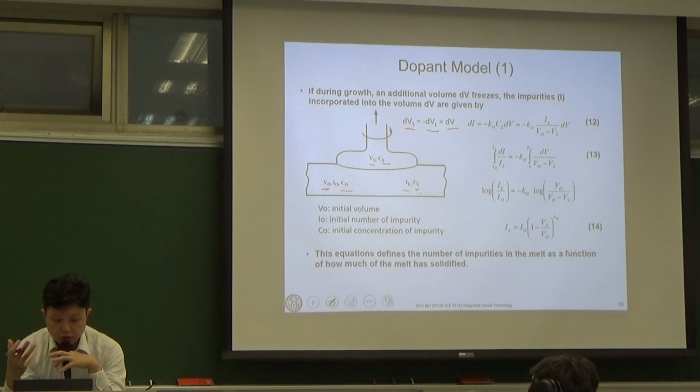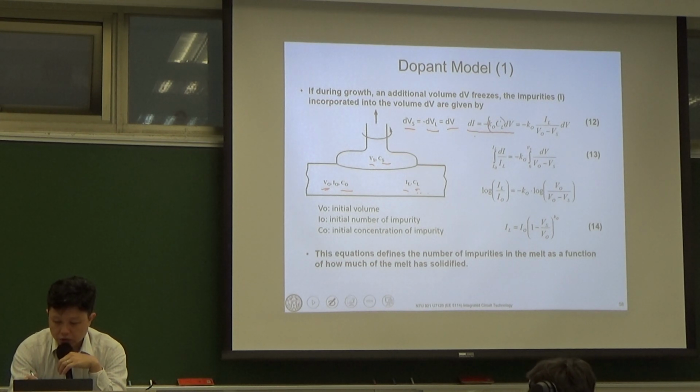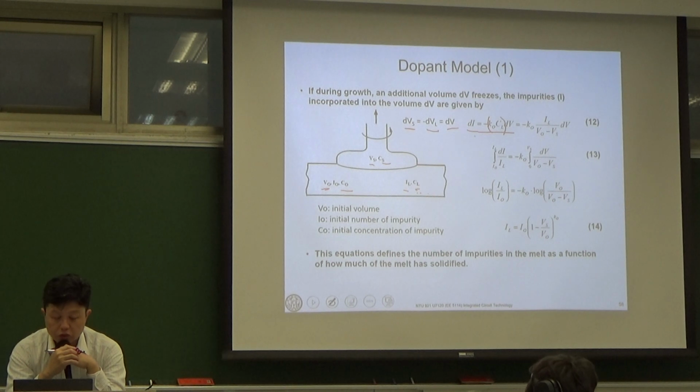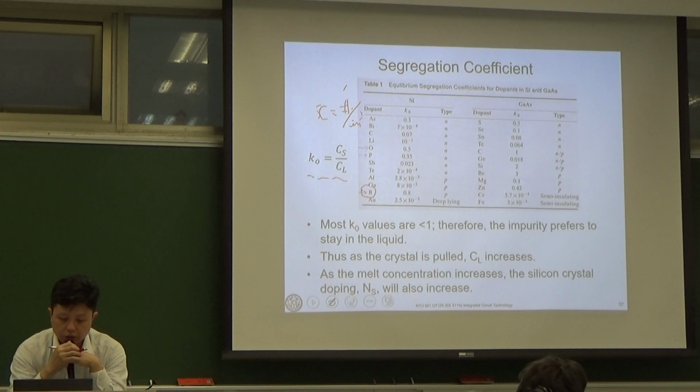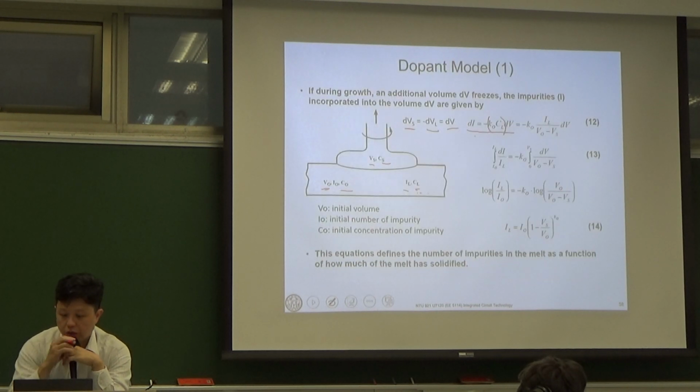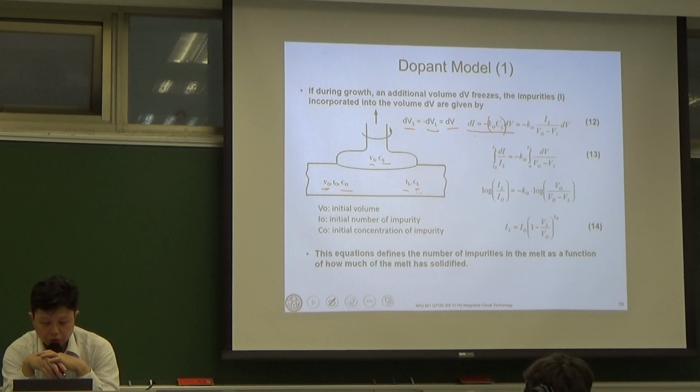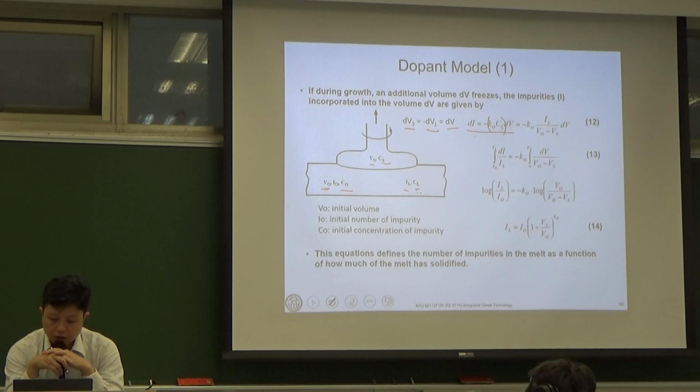During this solidification, the impurity incorporated into this volume can be defined like this. And this K times C will be the concentration in the solid. As we check this equation again, CS divided by CL is K, so K times CL will be your CS, the concentration in the solid.